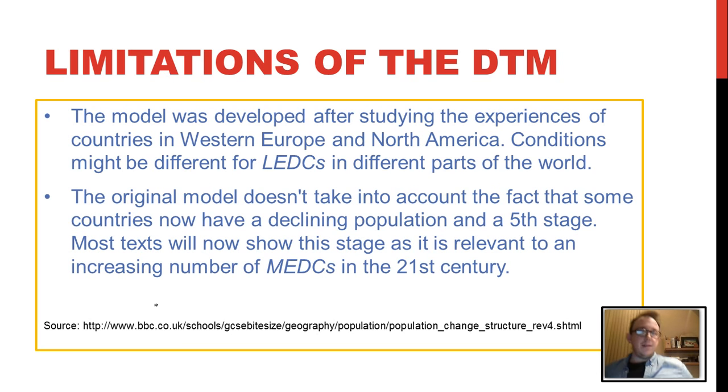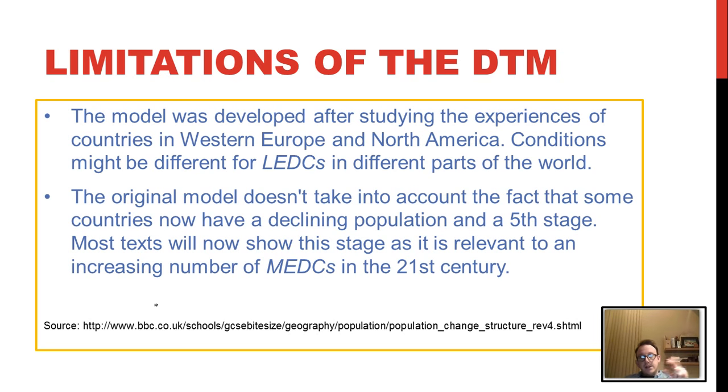Now, if we're looking at the limitations of the demographic transition model, I've taken this from BBC Bitesize, which has got an absolutely brilliant bit on population change and the structure of the population change. It talks about how the demographic transition model was developed after studying experiences of countries in Western Europe and North Africa. These are more developed countries, okay? And the actual conditions of population change might be slightly different for less developed countries in different parts of the world.